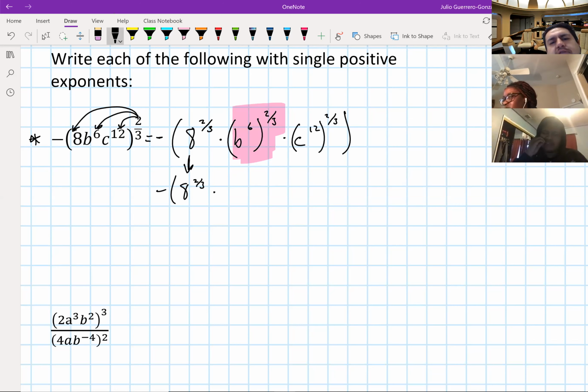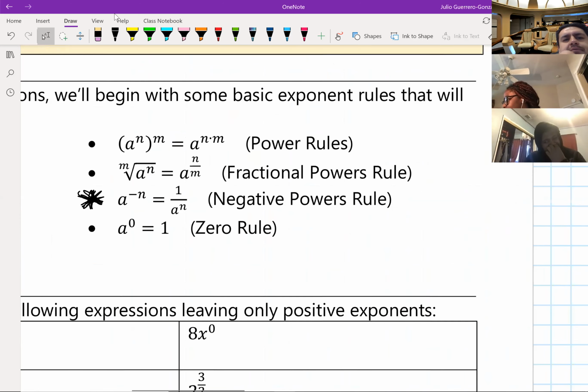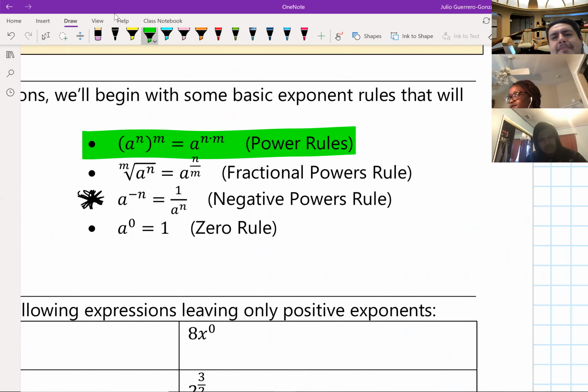So that means I can multiply the exponents and keep the base the same. So b is going to be 6/1 times 2/3. And then same thing with the c. I'm going to have c to the 12/1 times 2/3. So I'm using the powers rule, this one right here. Got it?